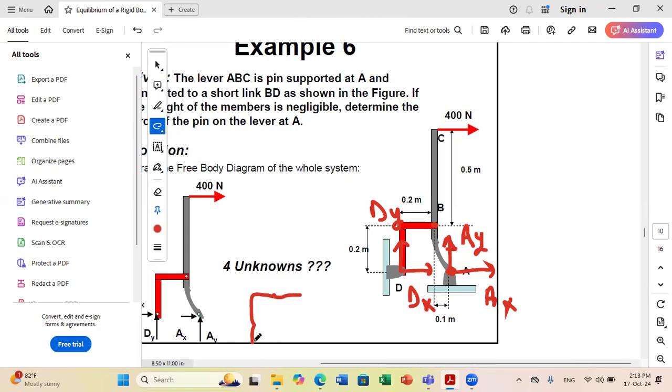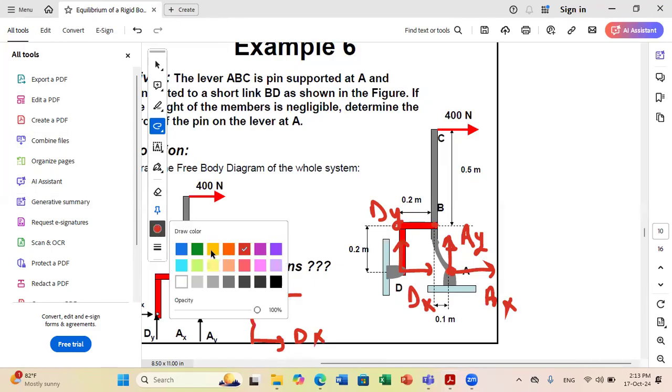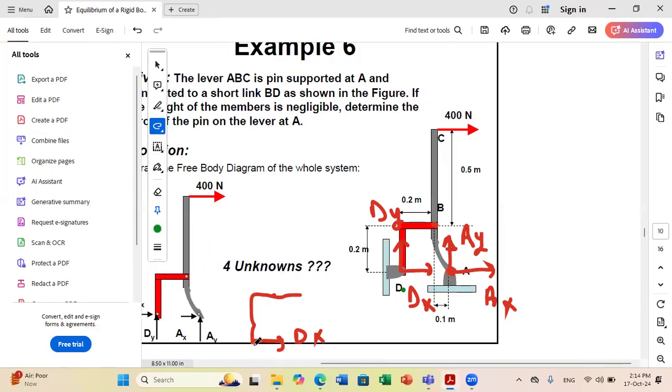I have Dx, Dy, and at point B, okay, I have Bx, By.